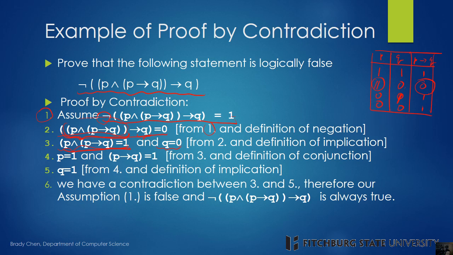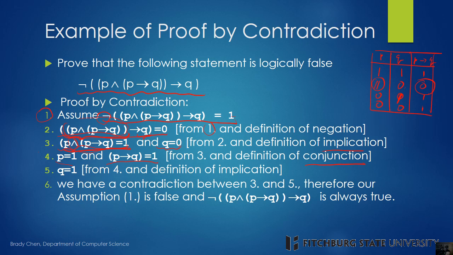And P and P implies Q equals 1. That's a conjunction. If this is 1, that means both P and P implies Q are 1, because that's the definition of conjunction. From 3 and the definition of conjunction, P is 1 and P implies Q is 1.